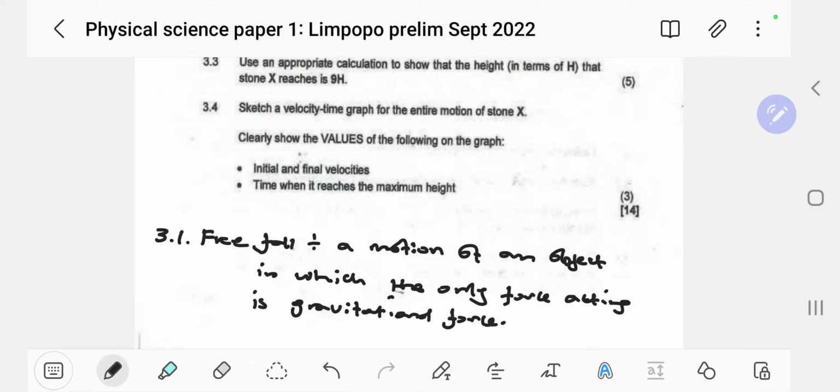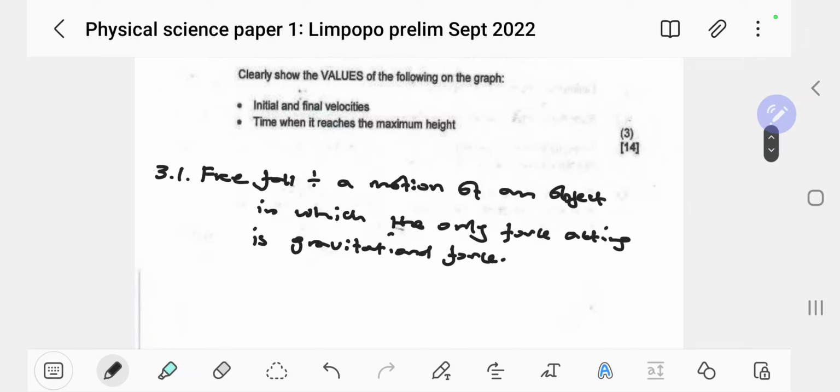So a free fall is a motion of an object in which the only force acting is gravitational force.